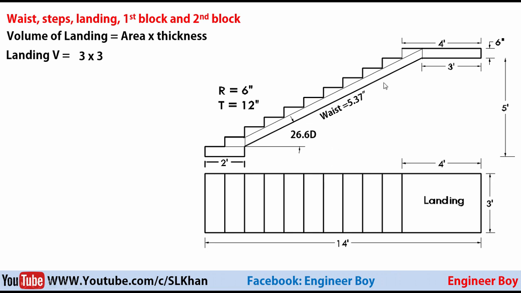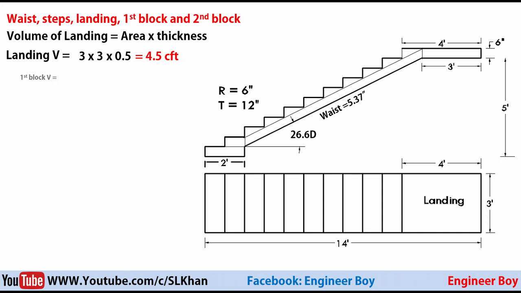The landing is shown as 4 feet, but this portion is taken with the step, so we take only 3 feet, and the other side of the landing is also 3 feet. So 3 times 3 is the top area, times the thickness, which is 6 inches, or 0.5 feet. Multiplying these three things, we get the volume of the landing, which is 4.5 CFT, or cubic feet.